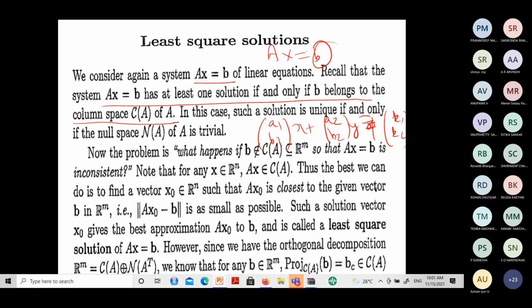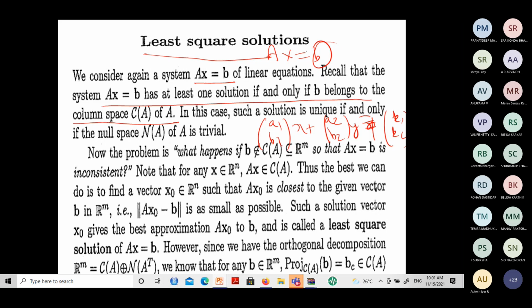So if this is not happening, what should I do? Right? That is my question. For that only we are going for least square solution. We are going to find some solution. Okay. So see, now the problem is what happens if B does not belong to column space of A, so that Ax equal to B is inconsistent.